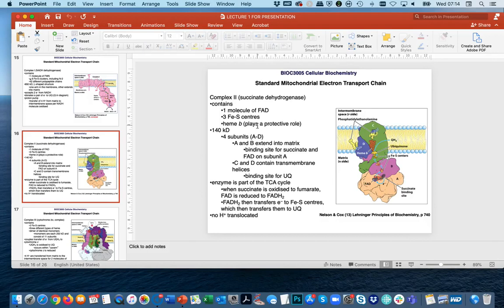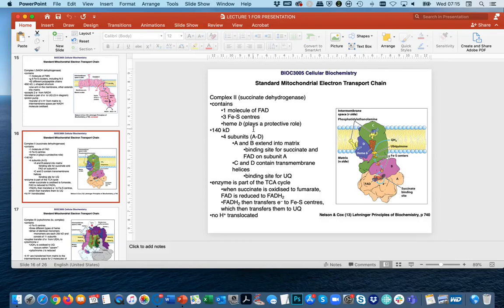That heme group actually plays a protective role in case there's too many electrons going through the electron transport chain. That heme B appears to grab onto some of those electrons to stop the electron transport chain from being over reduced, to balance oxidation and reduction reactions.